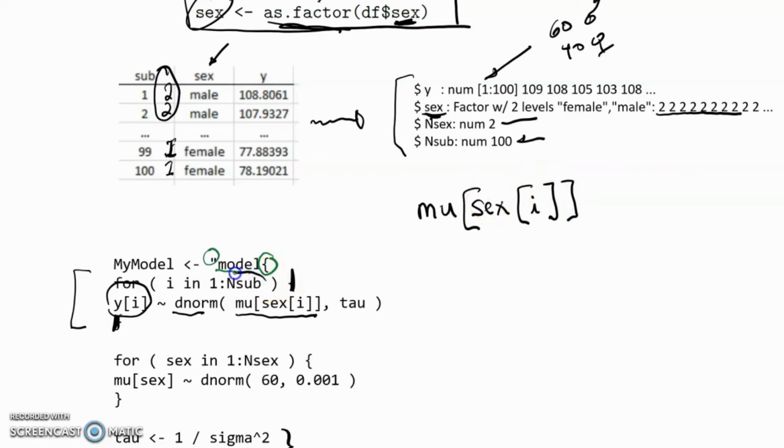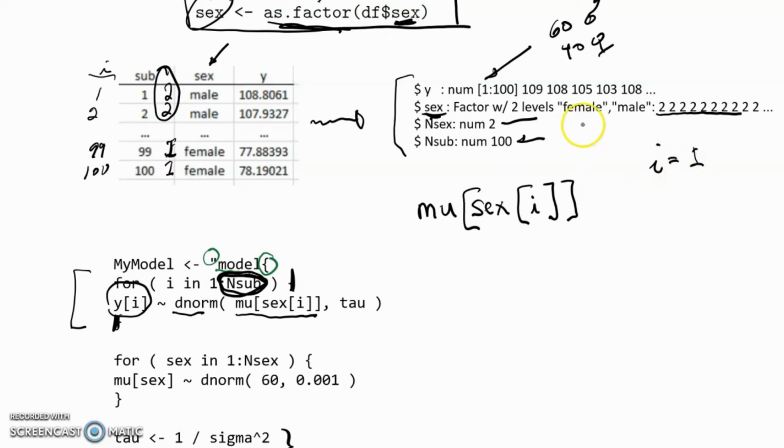This loop is going to go through all 100 subjects. The way I tend to think of it, though this may not actually be totally correct, is that we've got this implicit indexing where I goes from 1 to 100. So what happens when I is equal to 1?